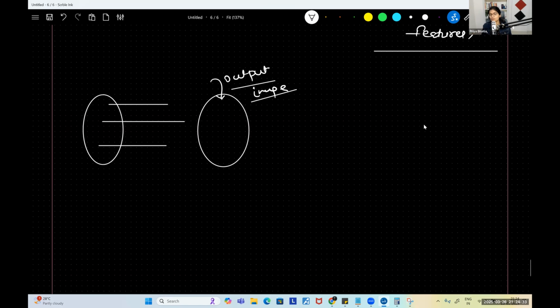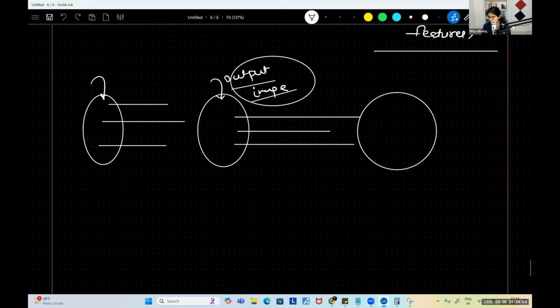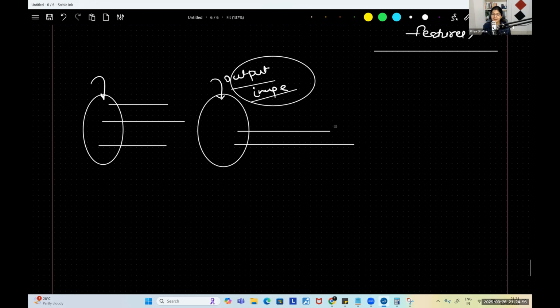Suppose this output image becomes the input of the next specific layer in a bigger architecture. In that case, you have to make sure the size remains the same in order to retain the complexity. That is where it might be necessary.